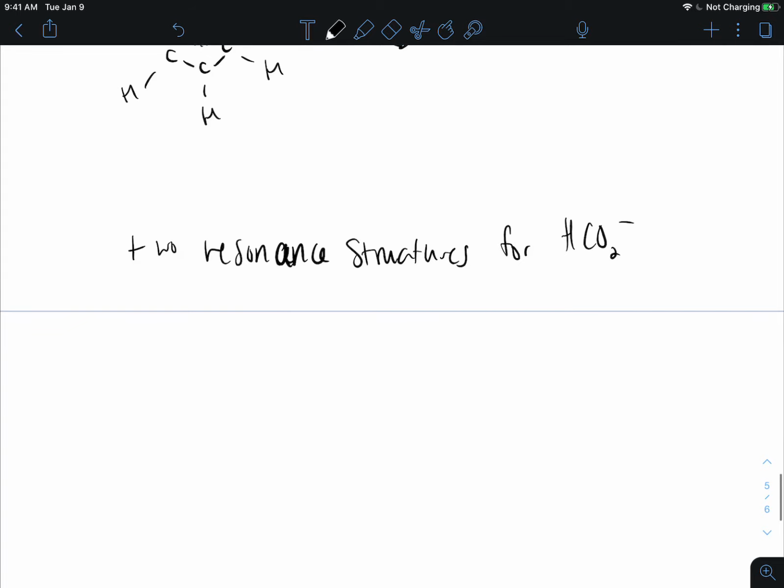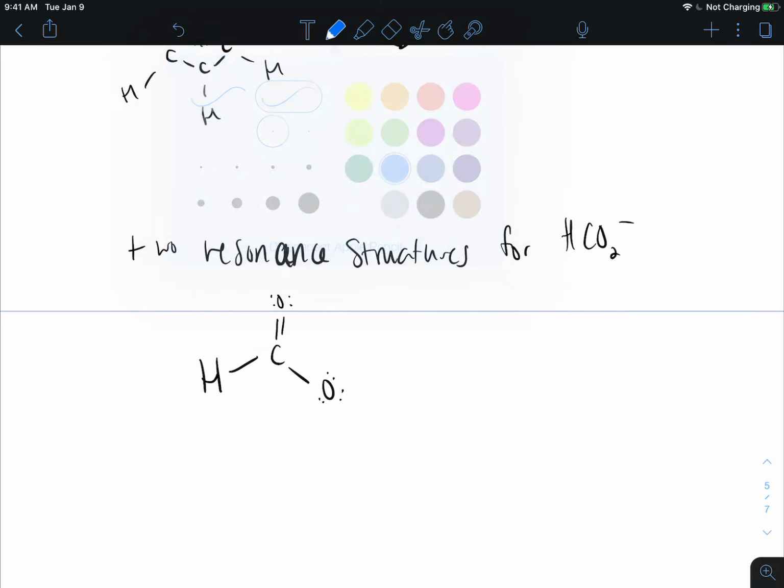So if we draw this, this could be one of our examples of a resonance structure. I'm going to show you how we are actually going to move these electrons. So we're going to move this pair right here. It's going to go here, which will cause that carbon to have more than an octet.